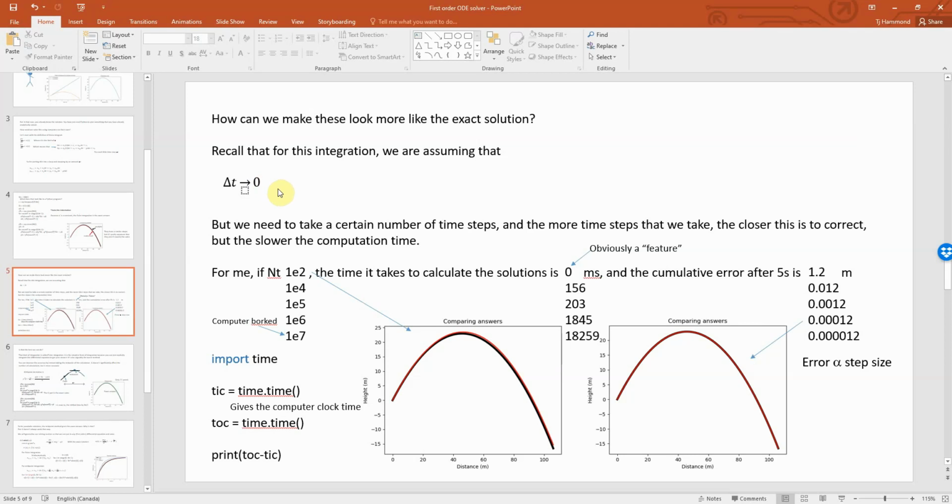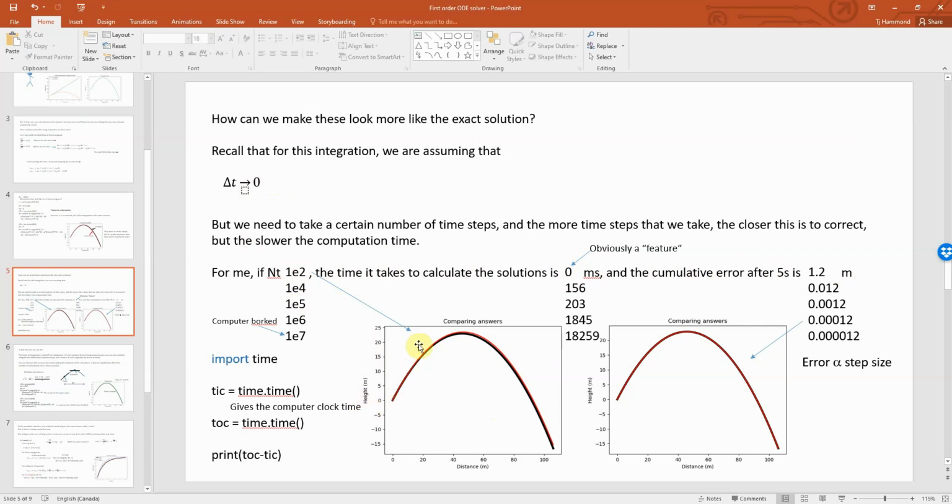I realized that I have this example here that shows that you can calculate the number of steps and how long it takes. On my computer, as we increase the number of steps, or decrease the time steps, we can measure how long this takes and calculate what the error is.